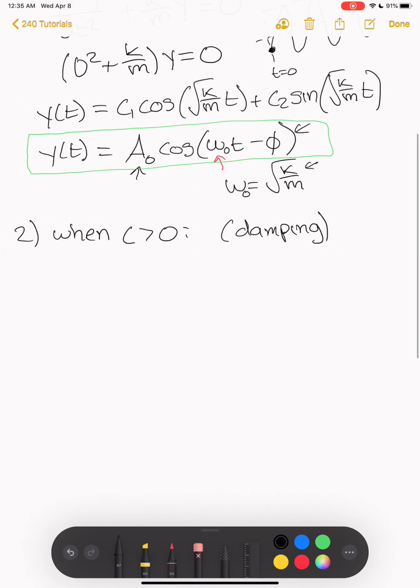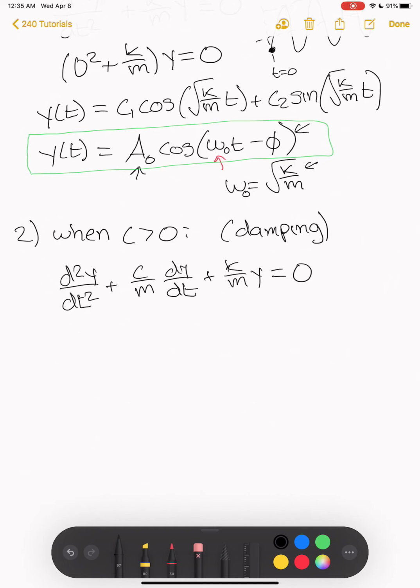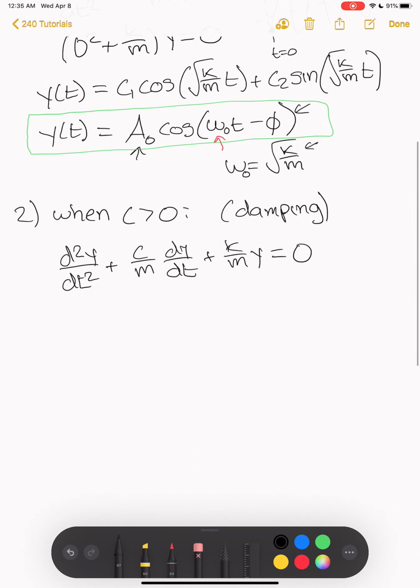So we have d squared y dt squared plus c over m dy dt plus k over m y is equal to 0. And so what we can do is we just leave all these constants in here for now because we're doing a general case.